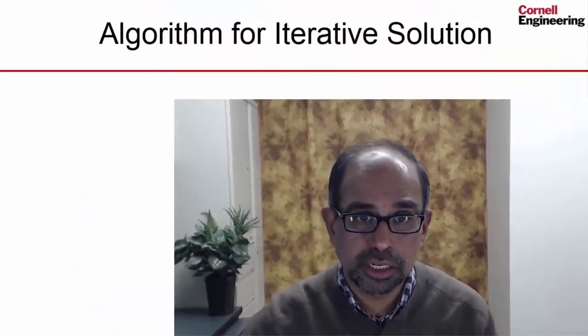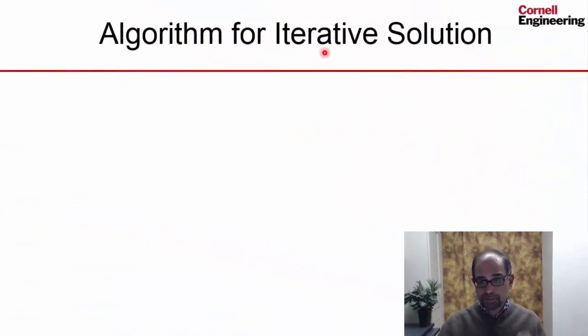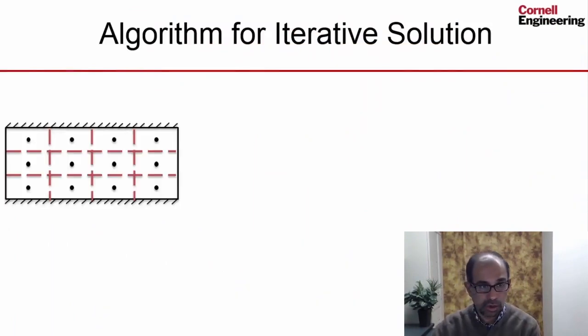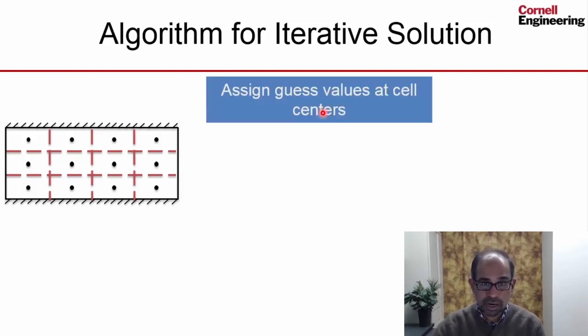Let's see how the ideas of discretization and linearization are put together into an algorithm for the iterative solution of our boundary value problem. Going back to a channel flow example with the discretization, we were looking at the division into the cells. We start by assigning guess values at the cell centers.